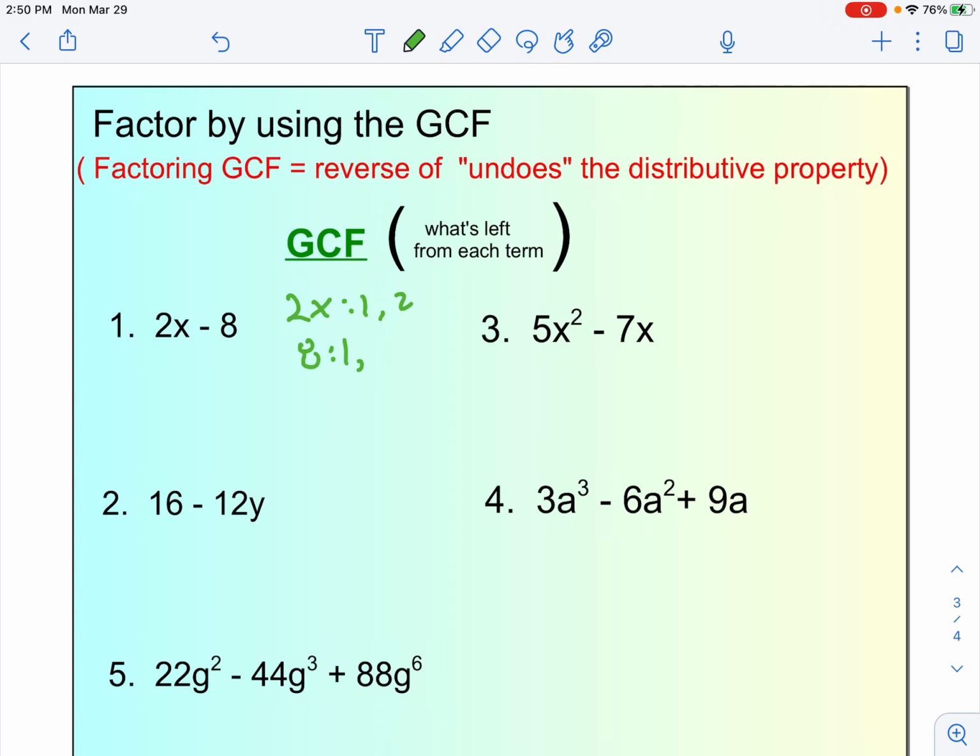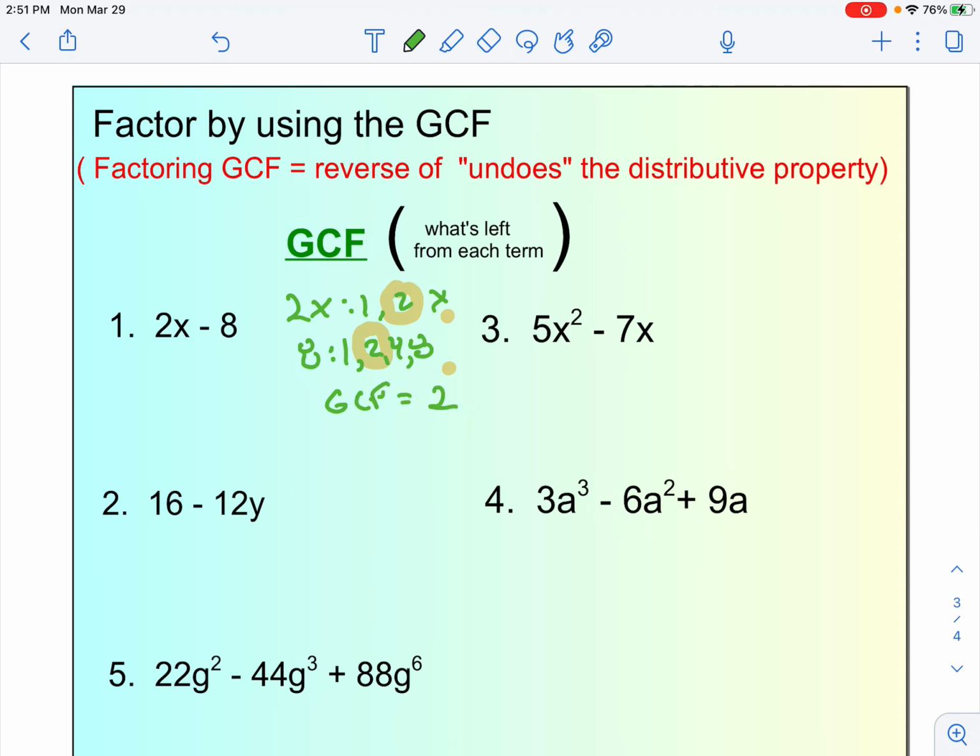And for 8, we have factors of 1 and 8, 2, and 4. There is an x, a variable in this 2x, but not in the bottom. So our greatest common factor is the number 2. There are no common x's down below, so we cannot have a variable in our greatest common factor.